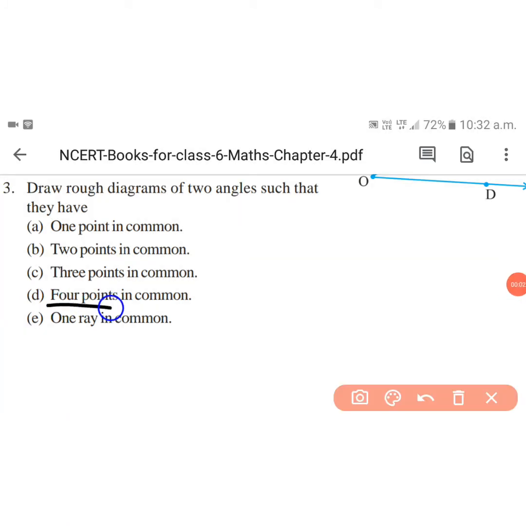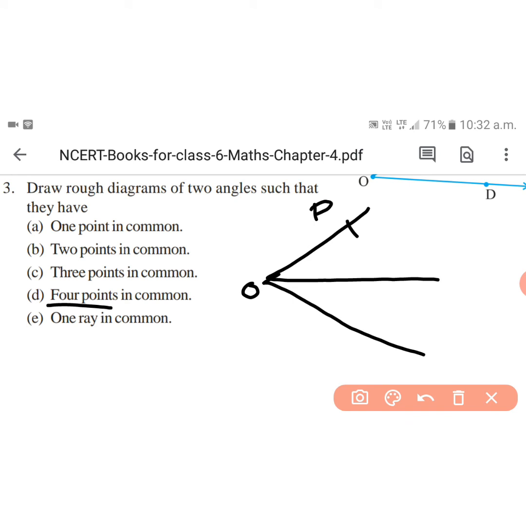D part, 4 points in common. Let's draw a rough diagram. O, P, Q, R, S, T. So this is one angle, this is one angle. So 4 points are common.